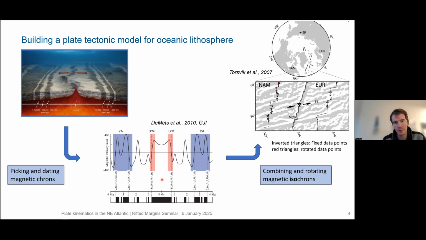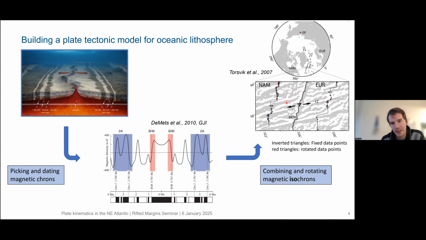If we combine such a profile, or if we have several such profiles, we not only have one magnetic anomaly, but we have a line of magnetic isochrons, which corresponds to the same age of oceanic lithosphere. Now, for a plate tectonic model, we need not only to combine them, but to rotate them.